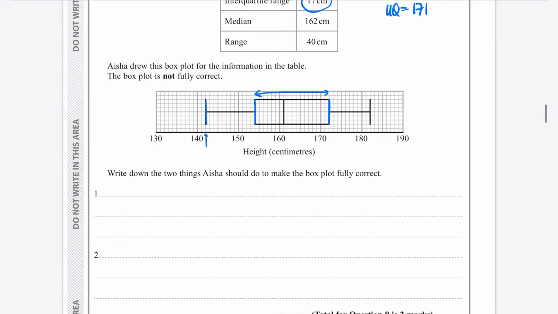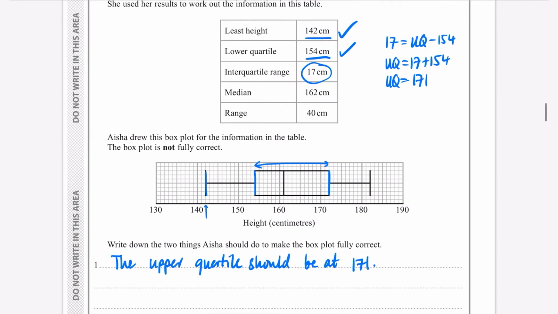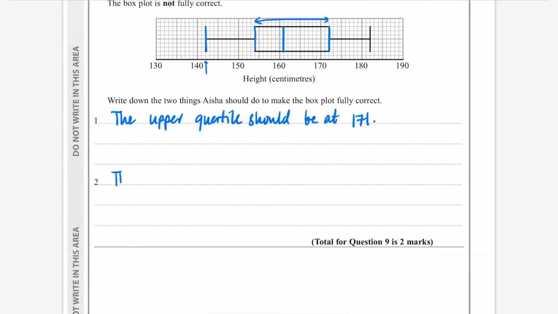So let's actually do that first one. The upper quartile should be at 171, not 172. Let's check the rest. So the median is 162. Nope, she's drawn it at 161, so she's put it in the wrong place.